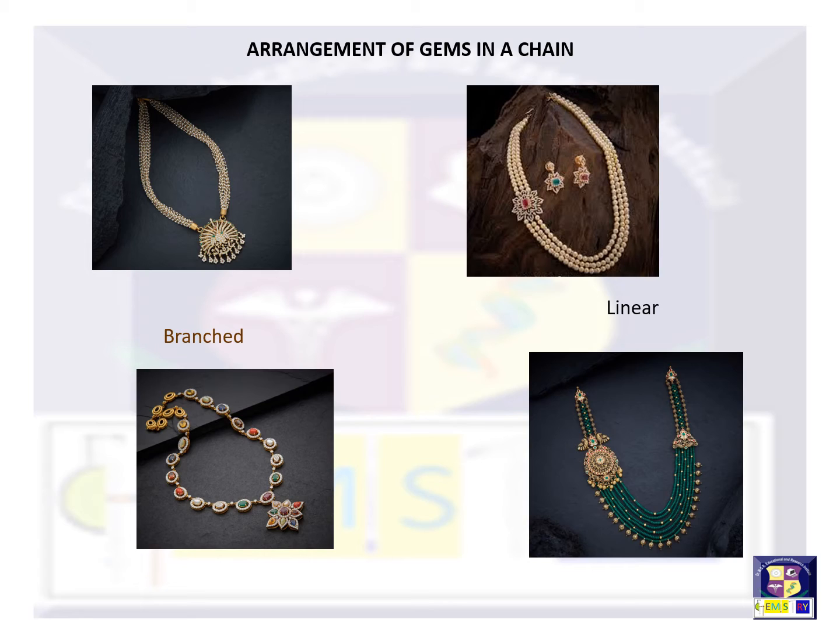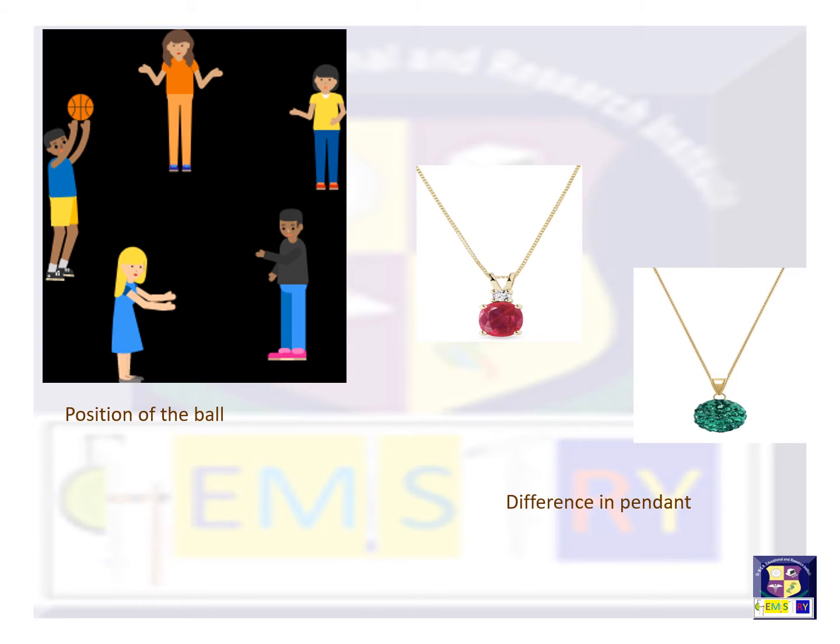Likewise, in a compound we can differentiate a functional group, whether it is a branched type or in a linear fashion. Here we see two examples for position isomer and functional isomer. In the first picture, the children are passing a ball, and with respect to the child possessing the ball, the position of the ball also varies.